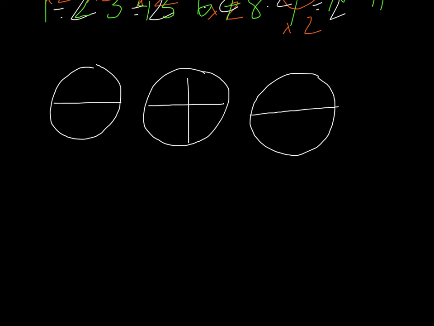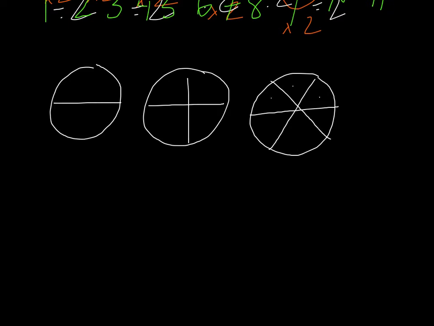If you notice up on top, this one's split into 1 equal part. And the top of this one is split into 1, 2 equal parts. And the top of your next one should be split into 1, 2, 3 equal parts. So I'm going to go ahead and do that. 1, 2, 3 equal parts.